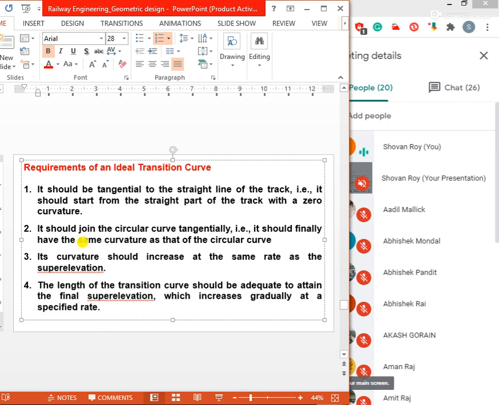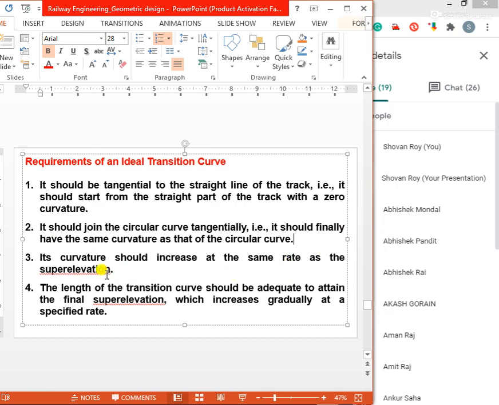Number 3, its curvature should increase at the same rate as the super elevation.